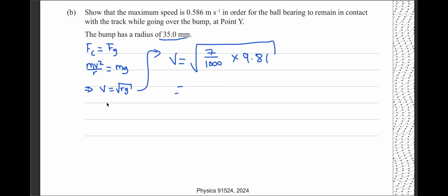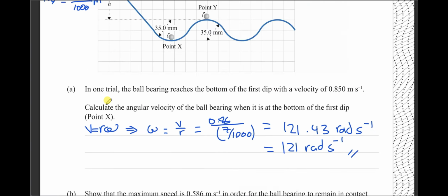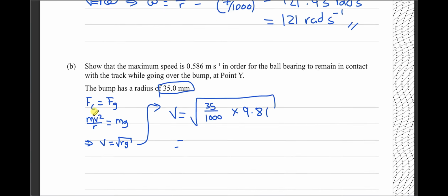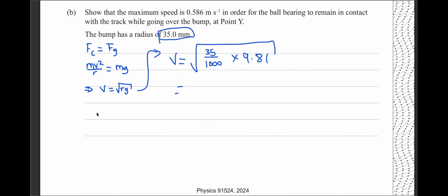Oh, wait. I didn't even realize. Okay, I should be putting 35, not 7. I read the wrong one. Wait, did I write that correctly up there? I'm going to replace that R with RB. That way it's less confusing. Okay, and then when I put that in my calculator, there we go.